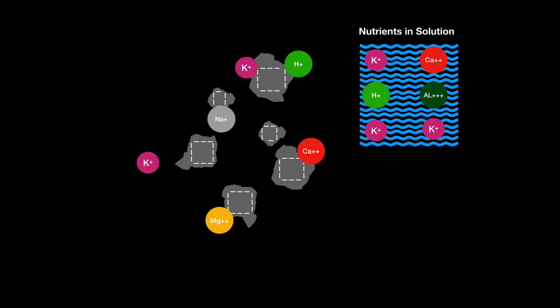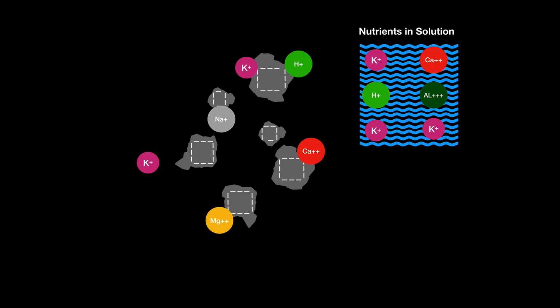Now, let's take a look at what happens as these particular cations are transferring those cations to the soil particles. Normally you have some cations still attached to the soil particles. But for instance, let's say we're going to be fertilizing some of our crops using potassium chloride.